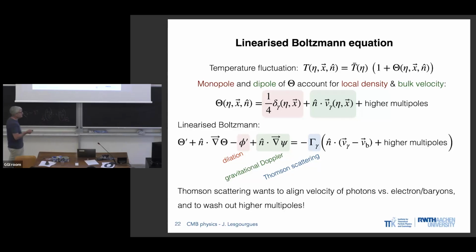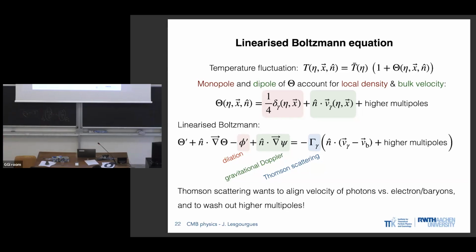So it's a first order differential equation for theta with different terms. If you had only the first two terms, and this equal to 0, it would be a usual diffusion equation saying that overdensity propagates like plane waves in the universe. Just this, free propagation.